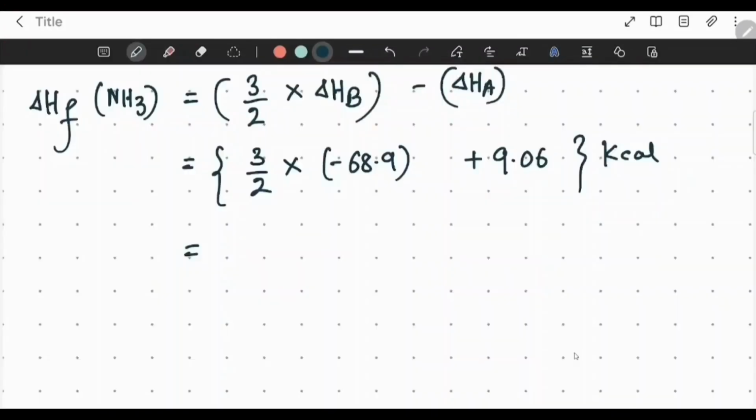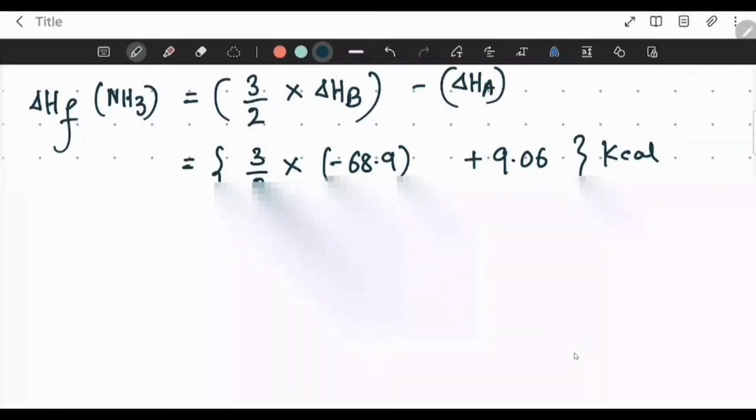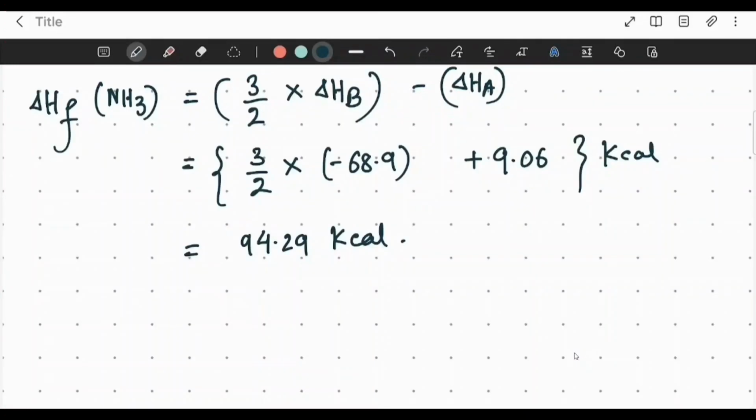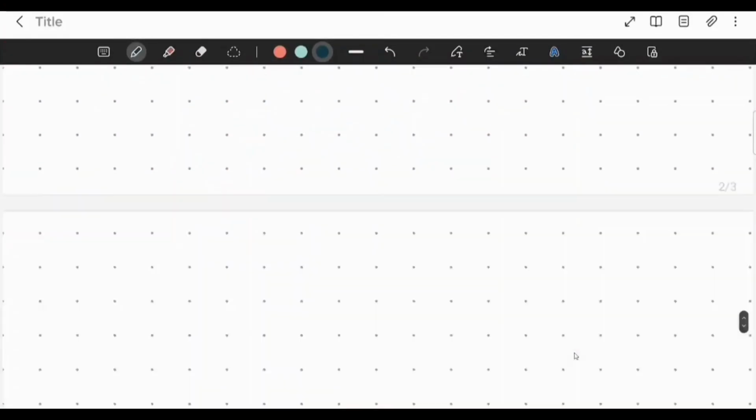So it will be minus 68.9 into 3 divided by 2 plus 9.06, which eventually is 94.29 kilocalorie. The heat of formation should always be positive because this amount of heat we have to give from outside. Then only our expected product will be formed. Okay, so this is the solution.